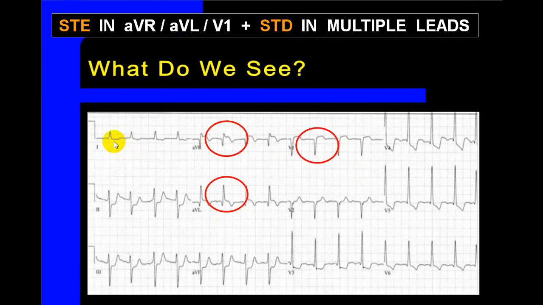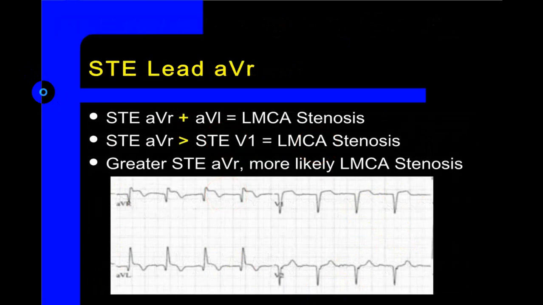And there is an ST depression in lead 1, lead 2, lead 3, AVF. You can see in V3, V4, V5, V6. Even there is a slight ST depression in V2 also. All this suggests what we call as an LMC occlusion. So ST elevation in AVR with AVL, also ST elevation, LMC occlusion. ST elevation in AVR more than ST elevation in V1, again LMC occlusion.